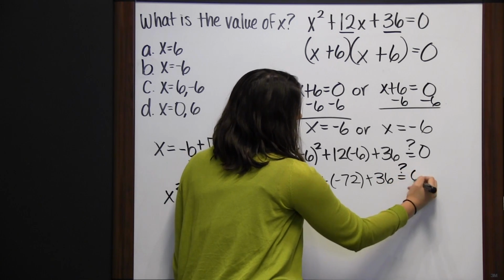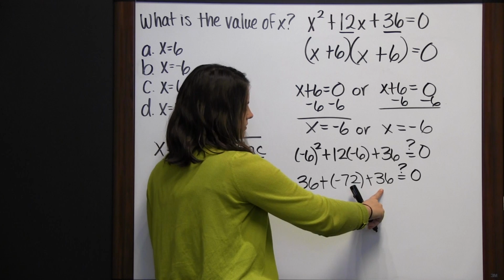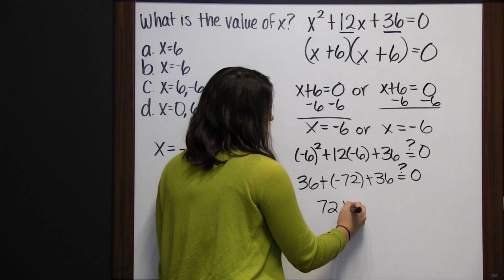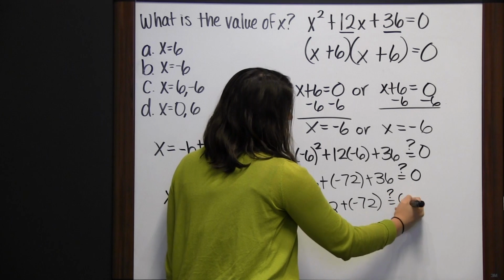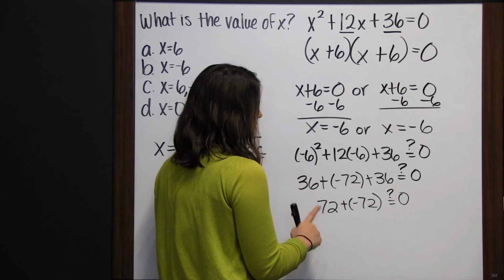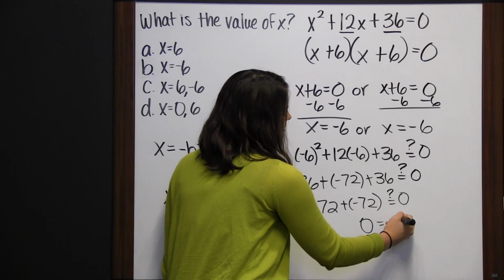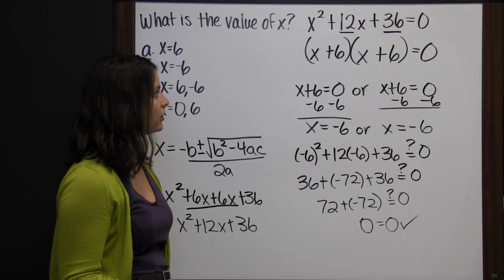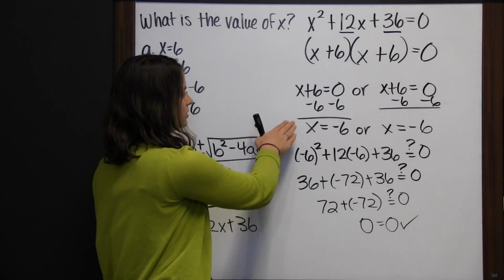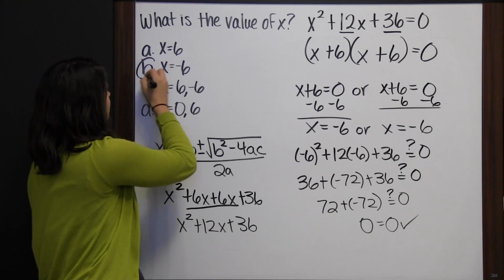And again, I want to know if that equals 0. 36 and 36 is 72, plus -72. And I need to know if that equals 0. 72 plus a -72 is in fact 0. 0 does equal 0. So we can see that we solved our equation correctly. We found the value of x, -6.